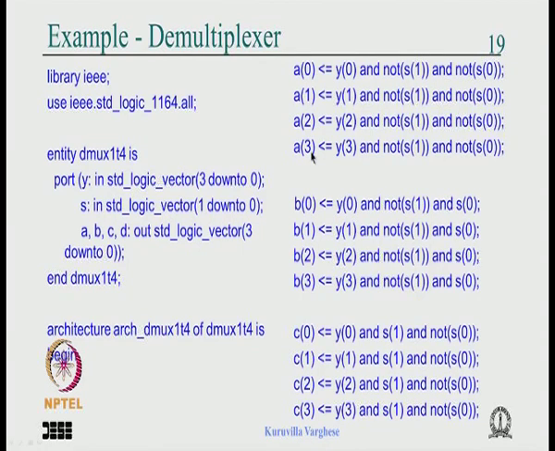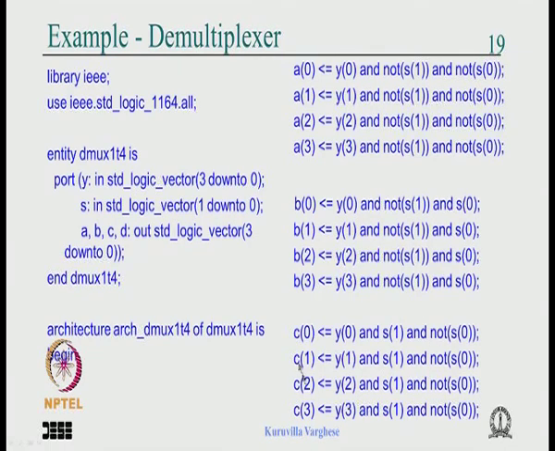Similarly A1, A2, A3. B of 0 is Y of 0 and not of S1 and S0. All others are similar except for the index changes. C of 0 is nothing but Y of 0 and S1 and not of S0, because this is a 1 0, and D of 0 is Y0 and S1 and S0.